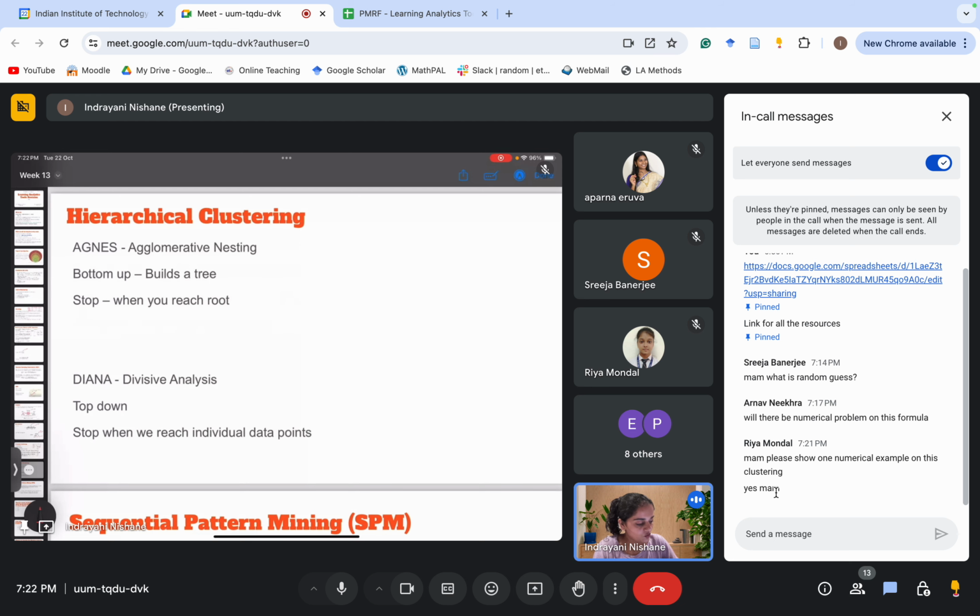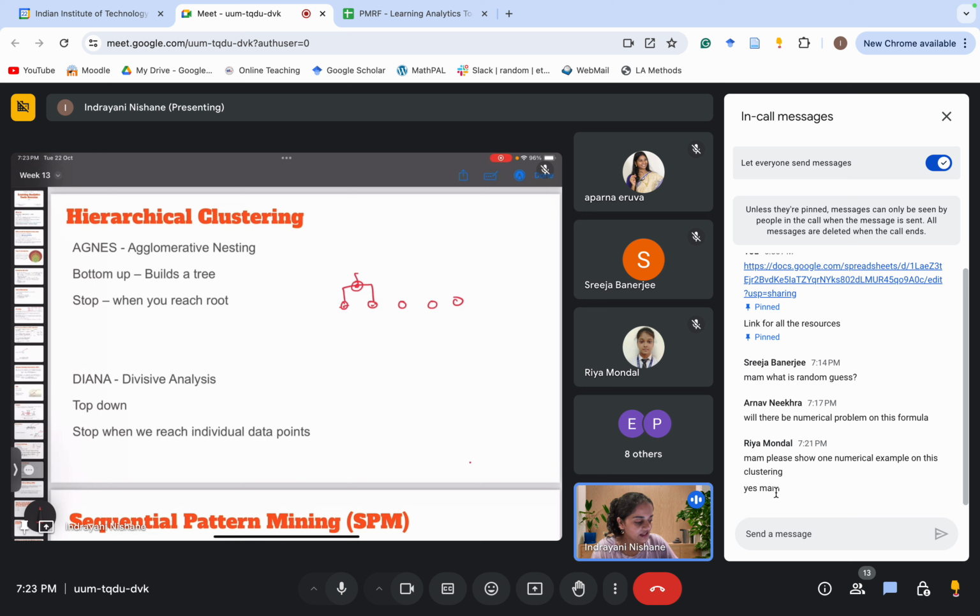So if we have 5 data points like this and these are closest, on the first iteration we will merge them, computing a new centroid by averaging these two values.